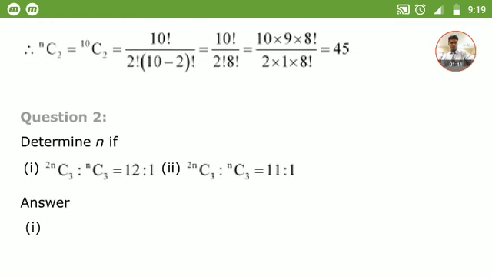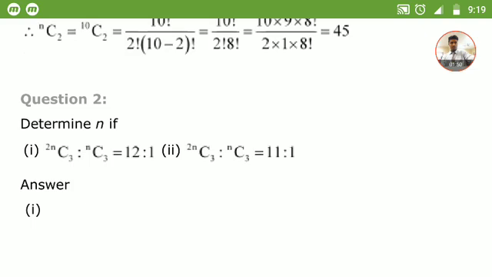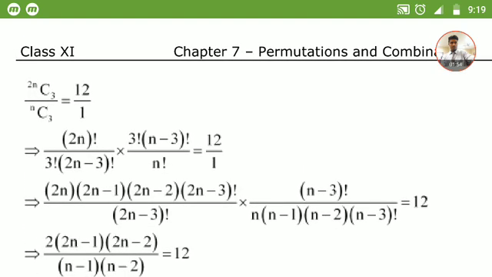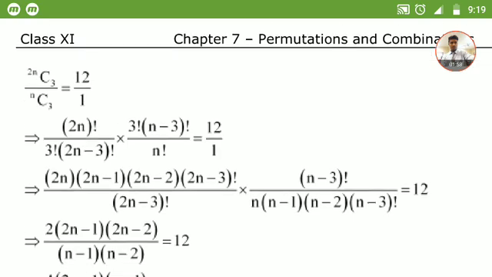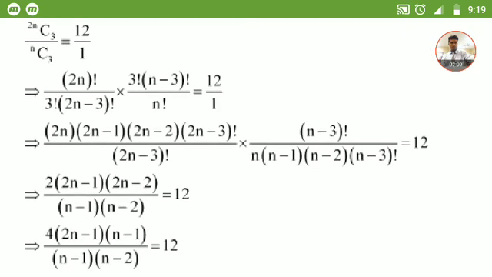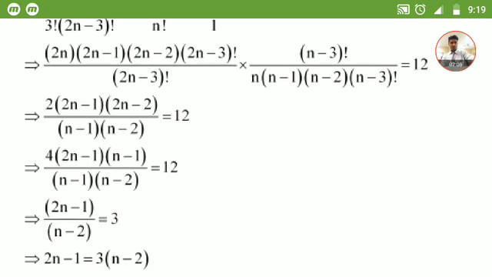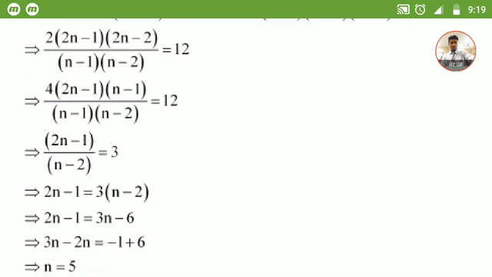Now you have to determine n. To solve it's as simple as this. Just write the formula first, and then you simply cancel things off. Factorial 2n minus 3, and then cancel off from the numerator as well as from the denominator. You take 2 common, and n minus 1 goes off from the numerator and the denominator as well, so you get 2n minus 1 by n minus 2 equal to 3.